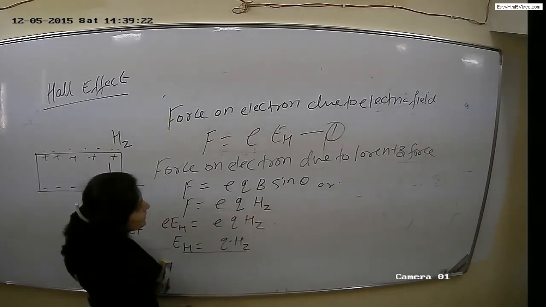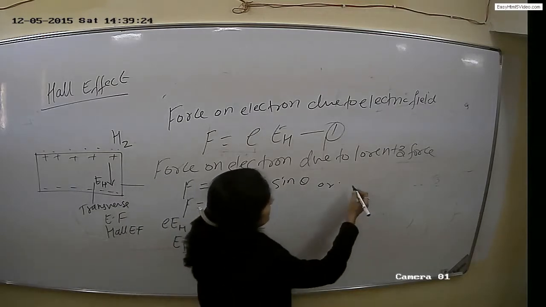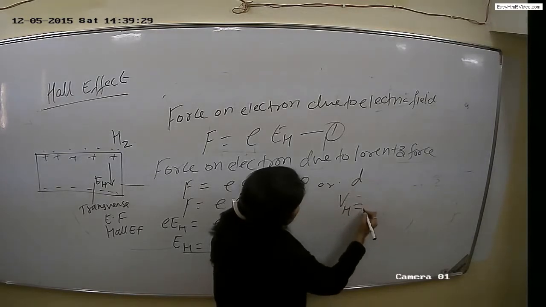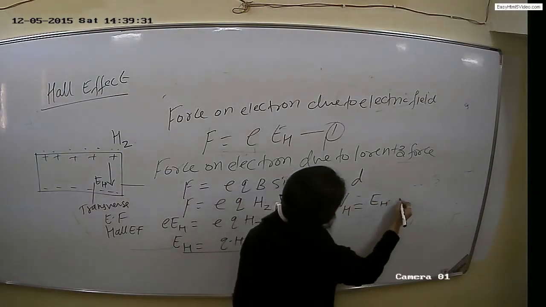And if d is the thickness of the rod, then potential we will get V is equal to EH into d.